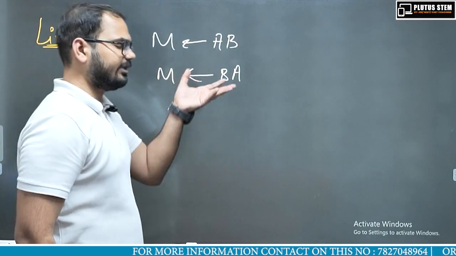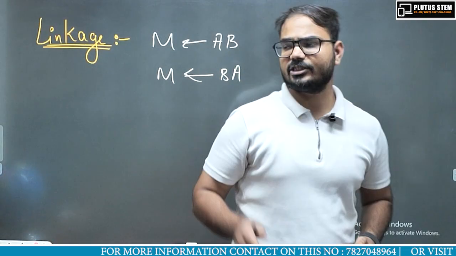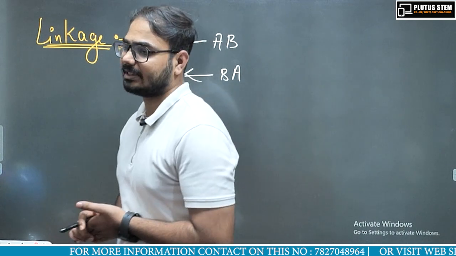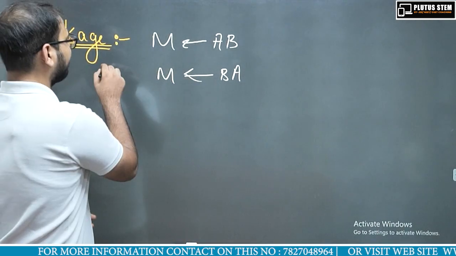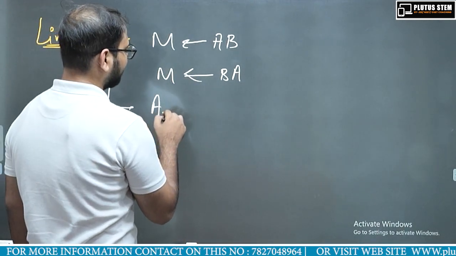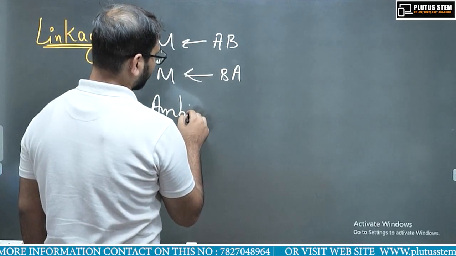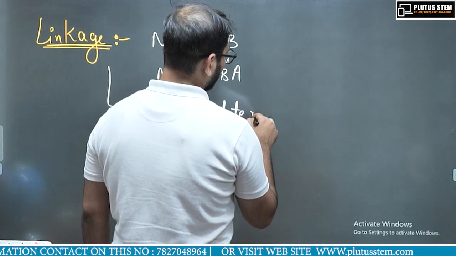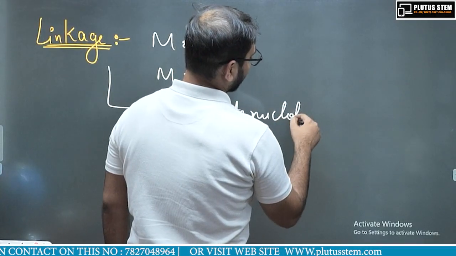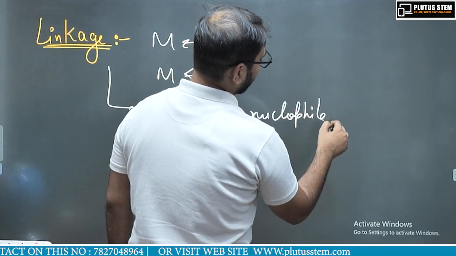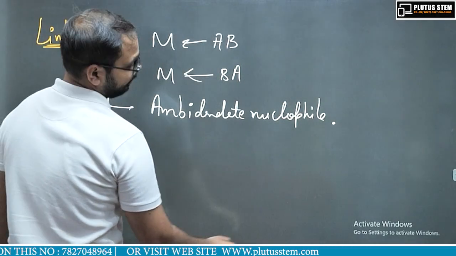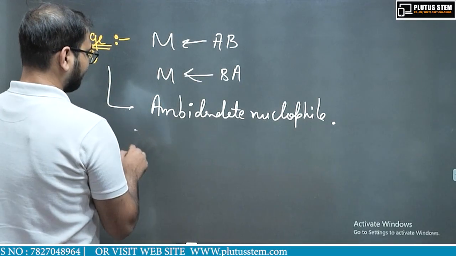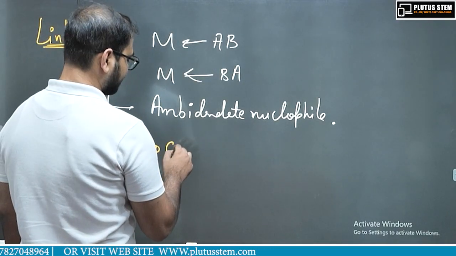Now, we know such kinds of ligands that can change their attachment to the metal center, and we know them by the name of what? Ambidentate nucleophile. So linkage isomerism is a characteristic property of the ambidentate nucleophiles, where the link between the metal and the ligand changes.